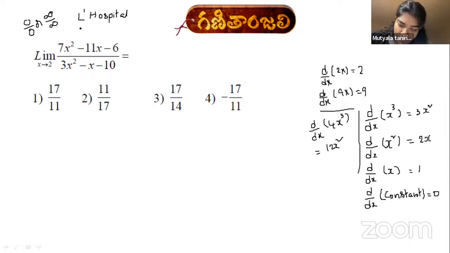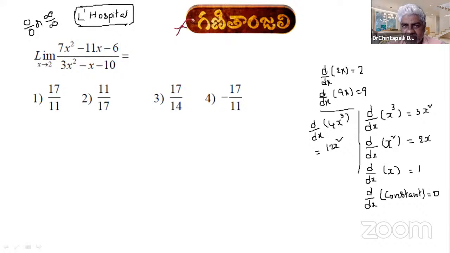It's the main alert. If you use it when it is not in the form of 0 by 0 or infinity by infinity, we arrive at the wrong answer.